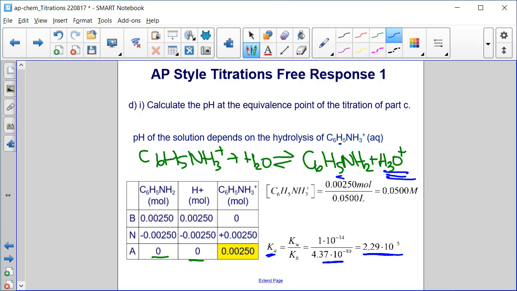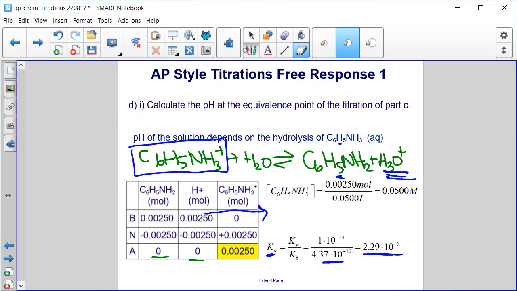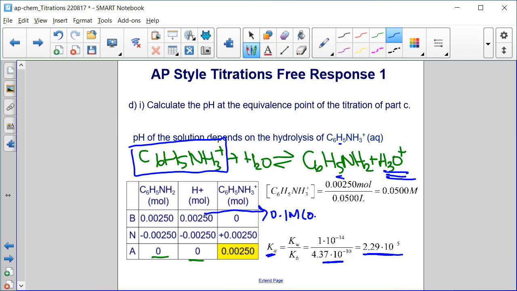And then what concentration do we have? Well, we know the number of moles, right? Which, by the way, how did I get that number of moles? Well, I got it from 25 milliliters. So let's put that in liters. If it's a 0.1 molar solution of HCl or aniline in 25 milliliters or 0.025 liters, that gives us 0.0025 moles.